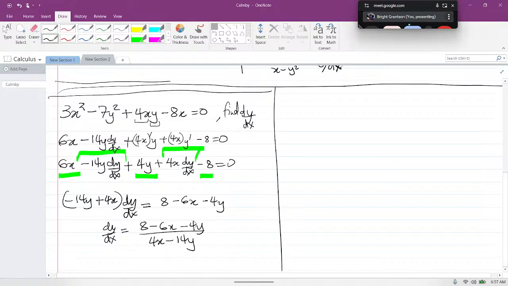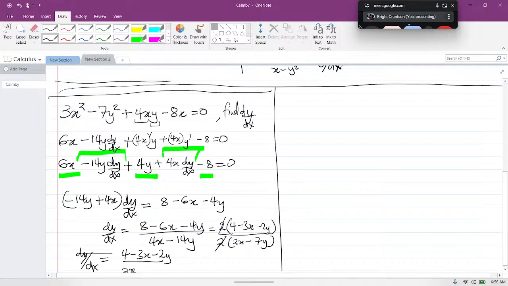We can do some factorization here. 2 is common to all, right? So 2 comes out. 4 minus 3x minus 2y, and the down one, 2 can come out: 2x minus 7y.